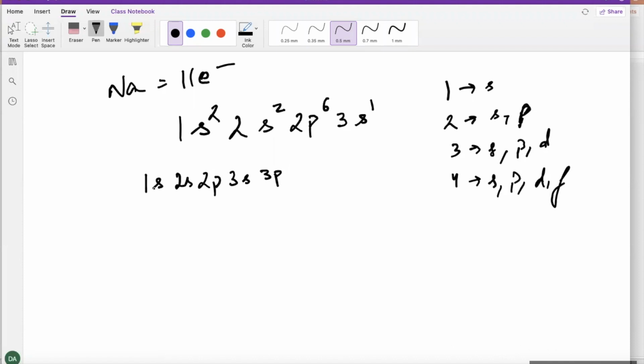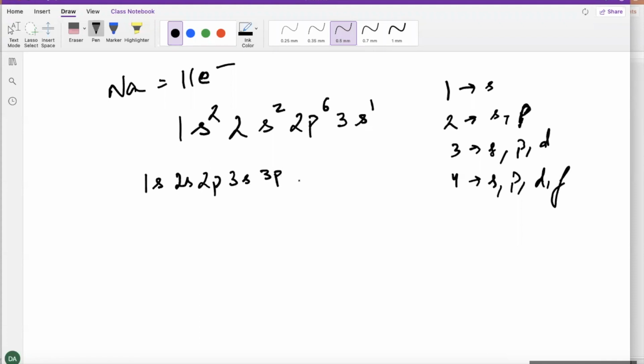So now, guys, speaking of the trend we were talking about, 1s, 2s, 2p, then 3s, 3p. After that, it should be 3d. You're thinking correctly that after 3s it's 3p, and after 3p it should be 3d. But guys, the story changes a little bit here.